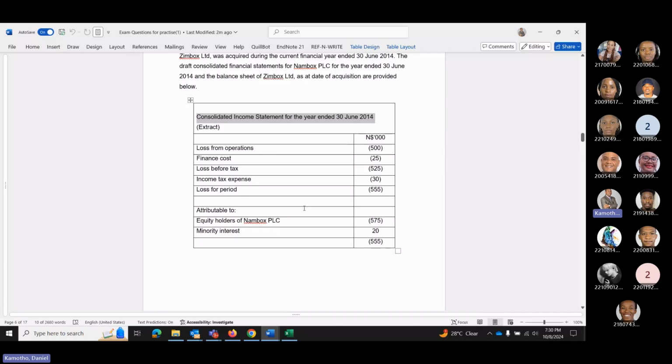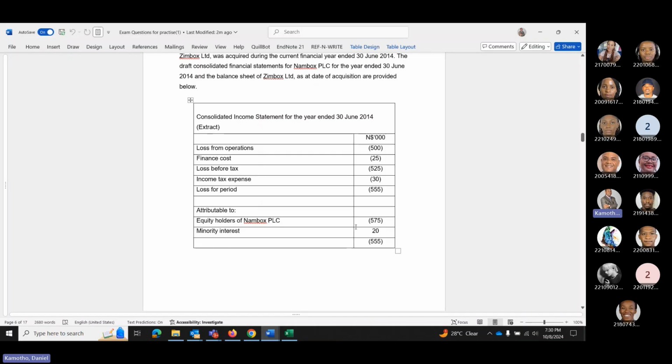When they come to apportioning, you can see the group took a big share of 575, over and above the total, and NCI. Basically what it means is that NCI was profitable, but the group was loss-making. That's why there is some profit attributable to NCI.